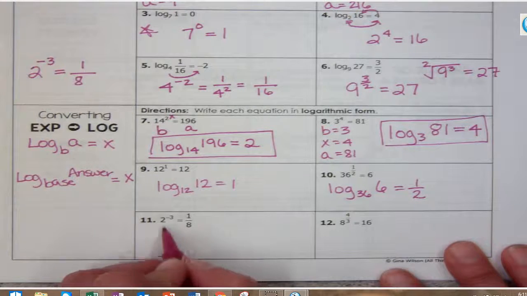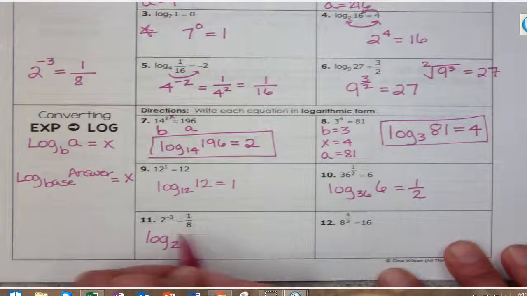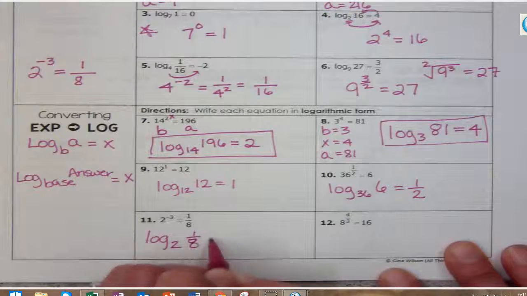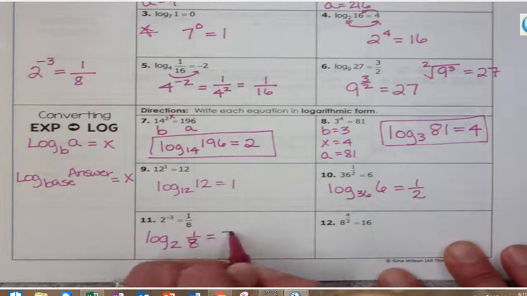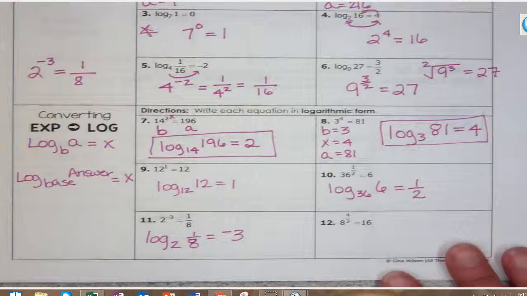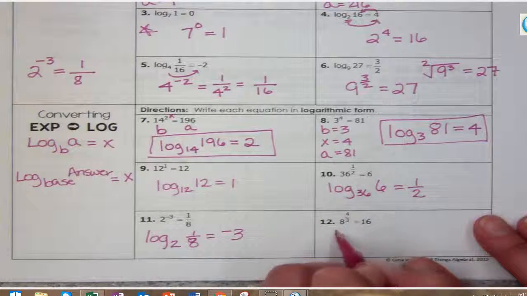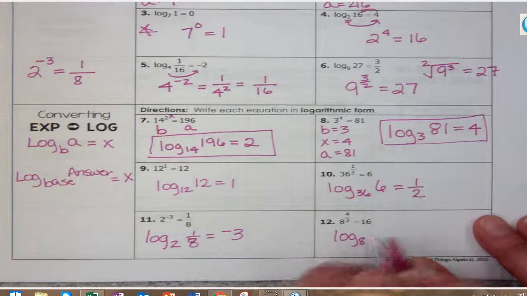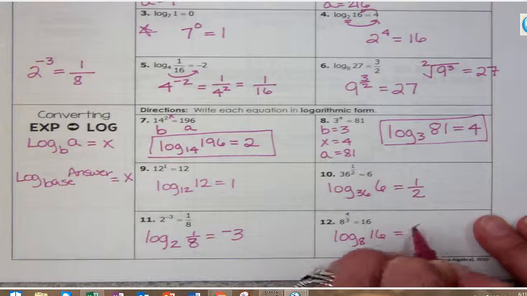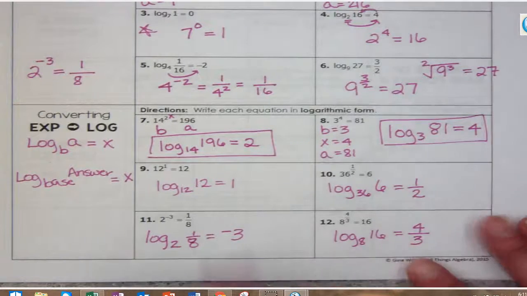Alright, so now we've got log base 2 of 1/8 is going to equal -3. You're not solving anything at this point. All you're doing is rewriting equations. Log base 8 of 16 equals 4/3.